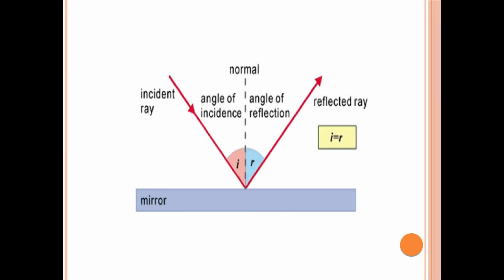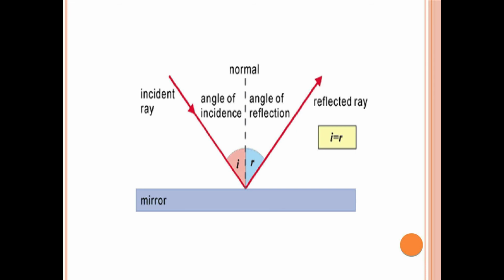Now look at this figure. This is a representation of how light gets reflected on the mirror. On the bottom surface a mirror is shown, and we represent the light as an incident ray. A ray of light is incident on the mirror and it gets reflected.